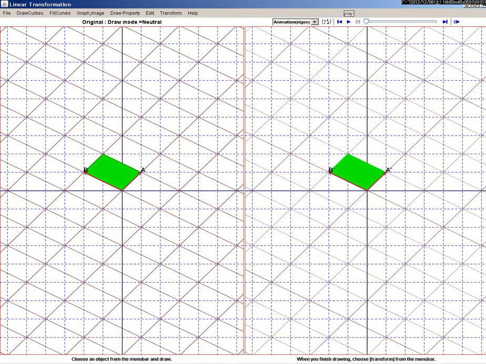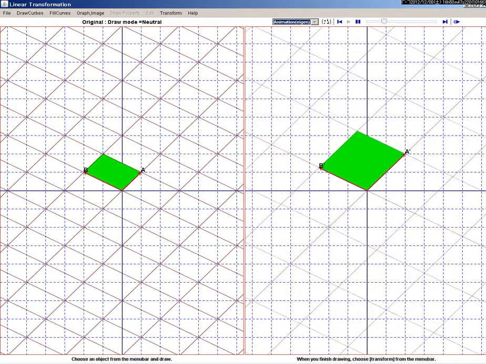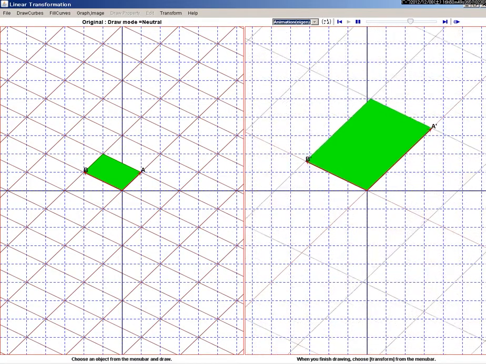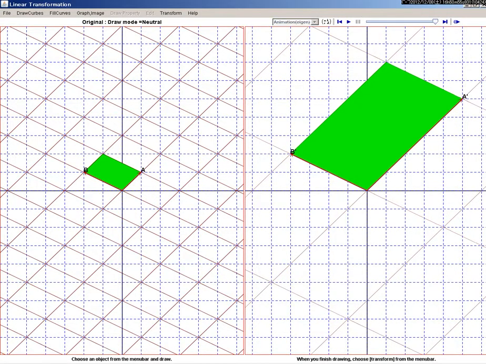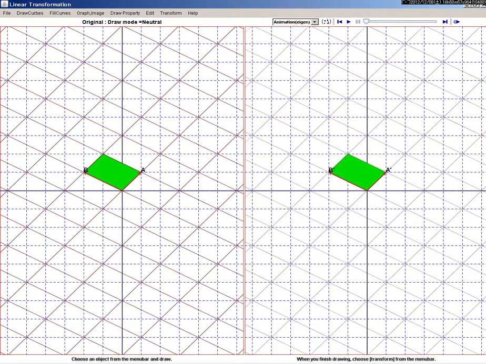And we're going to transform this. This time, it looks similar to A's transformation. And we are going to make it bigger.